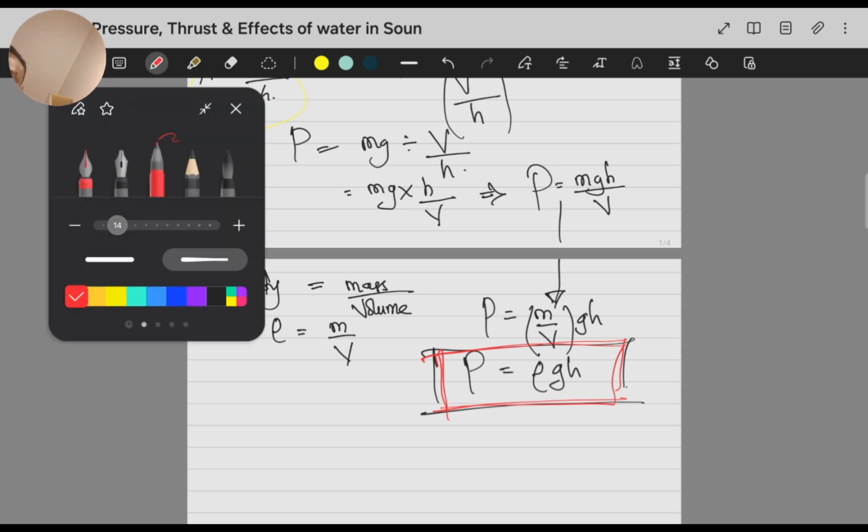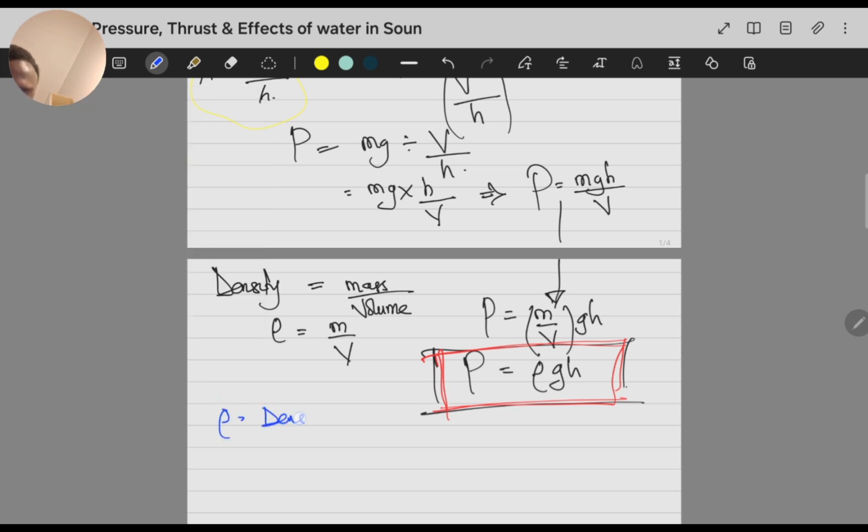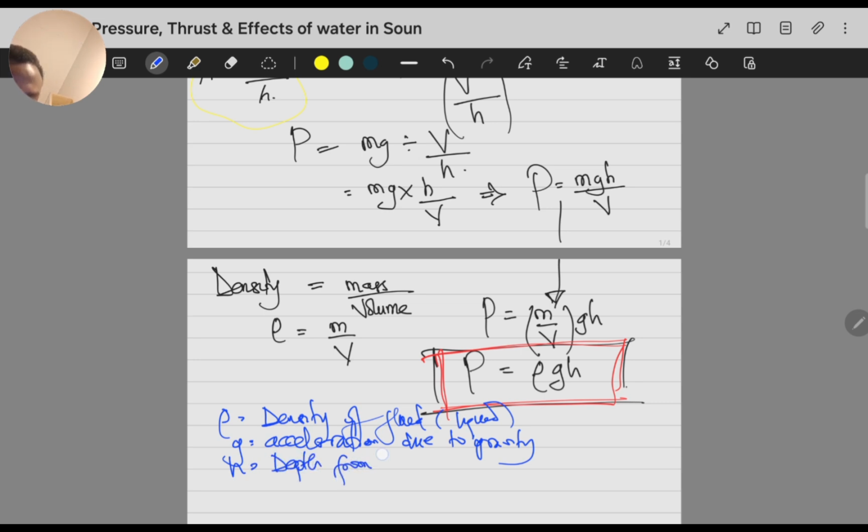Okay, so we can say that rho is the density of the fluid or of the liquid. g is the acceleration due to gravity, and h is actually the depth from the water surface.